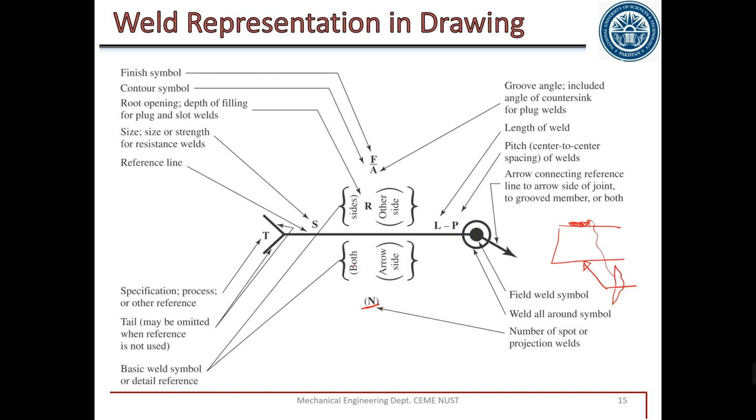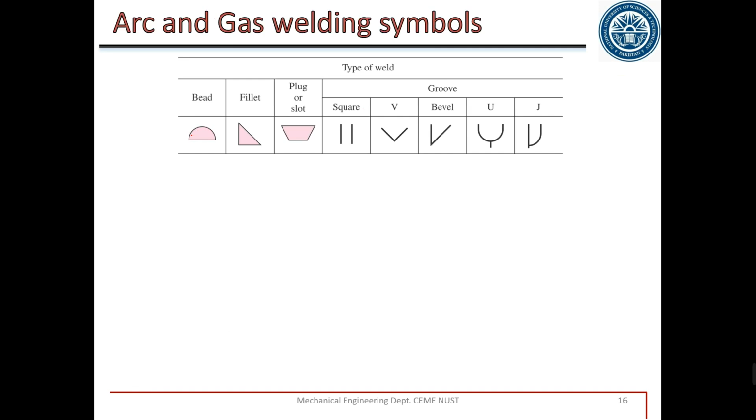In this picture we see which type of weld we are using, the basic weld symbols. For example, bead weld, fillet weld, or plug and slot weld, and these are the different types of groove weld. For example, this 5 with this arrow shows there is a fillet weld of height 5 millimeter or inches, and the weld is made here.